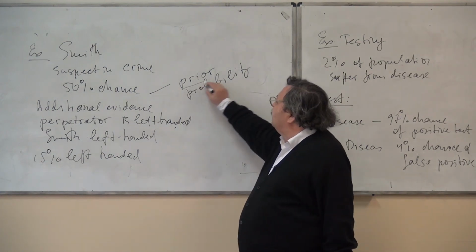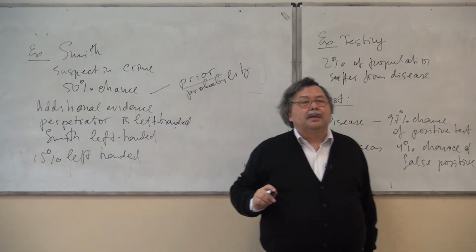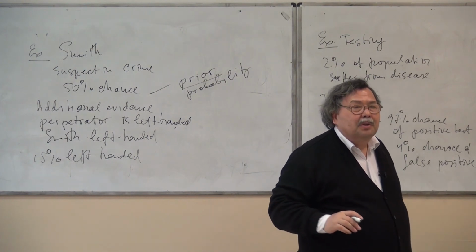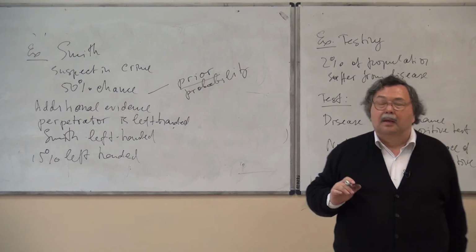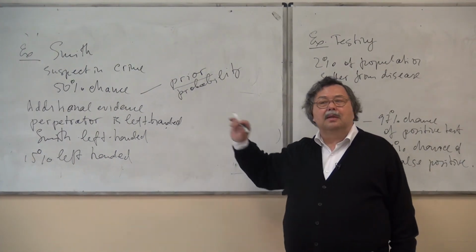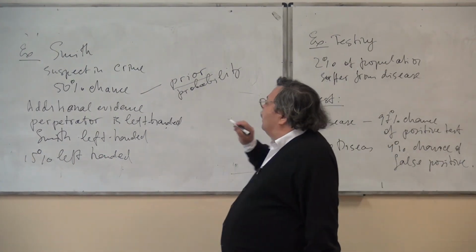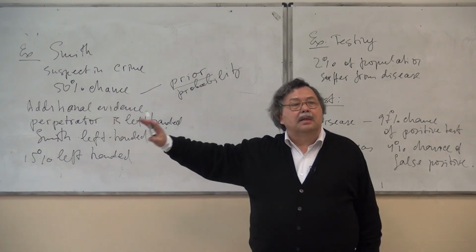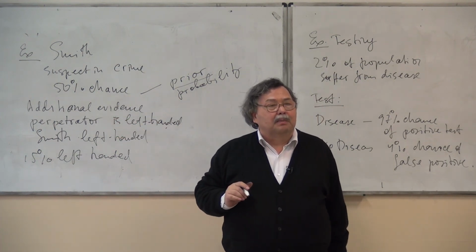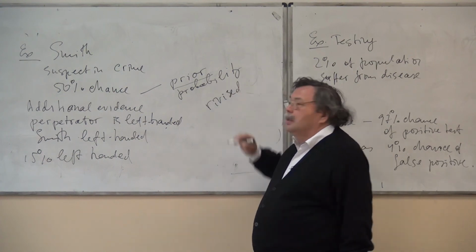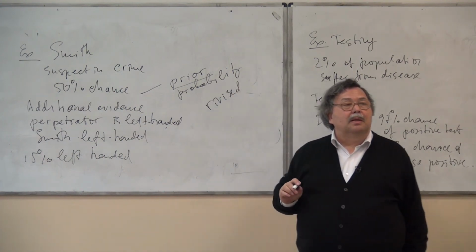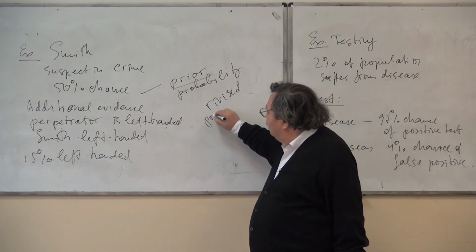It's called prior. But then we receive this additional piece of information, that the actual criminal is left-handed, and we establish that Smith is also left-handed, which gives us reasons to revise the probability. And the probability that we compute using the Bayes formula is called the revised probability.